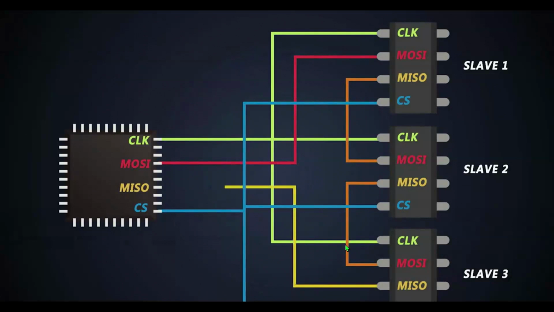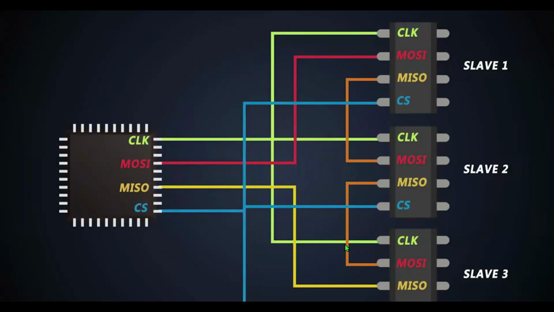And finally, the MISO line of the third slave is connected to the MISO of the SPI master. So these connections form a daisy chain architecture of the shift registers present in each device, and eventually this reduces the number of pins needed for slave selection.